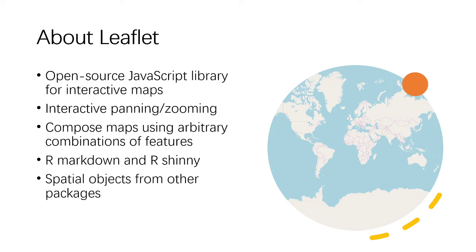And as we all know, R is very powerful in making spatial data into maps. It can do that with the help of packages like ggplot and ggmap. But one problem for the maps built with those packages is that they are all likely to be static, which means they are just images.